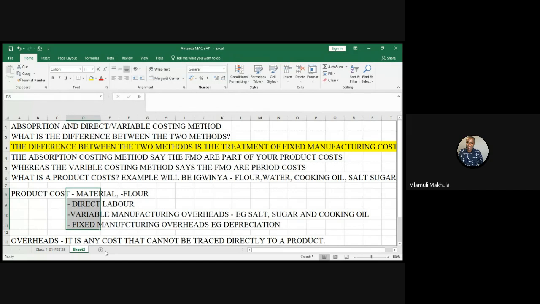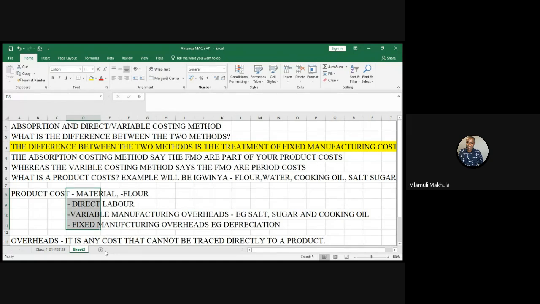Because remember, in FAC 3701, Amanda, everything that we do, we must comply with IFRS. Are you with me? We don't do anything that we want. You can be disclosing inventory in your financial statements. They must be in compliance with what IAS 2 says. You might be disclosing your property, plant, and equipment in your balance sheet. You must comply with, is it IAS 16?